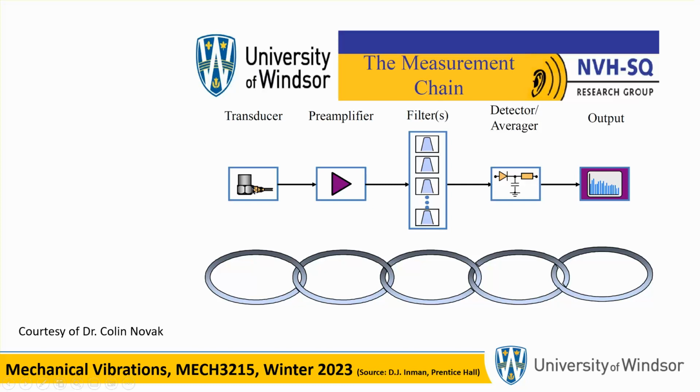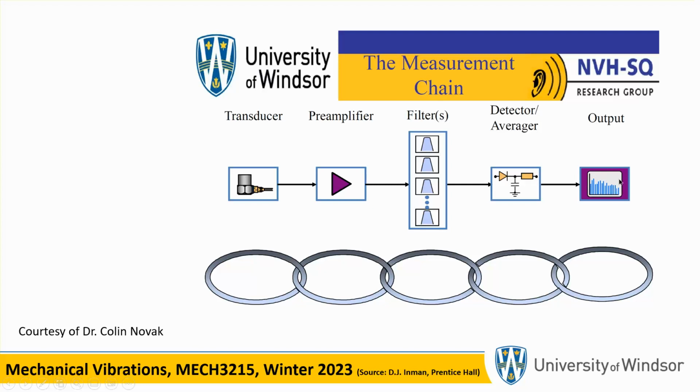Now, this signal is very small, so you have to amplify it. And when you amplify it, you then take the noise out, and maybe you have to do some averaging. These are all electronics, or digital signal processing and signal processing in general, within the chain from transducer all the way to output.